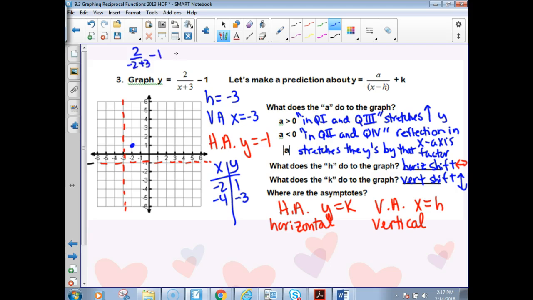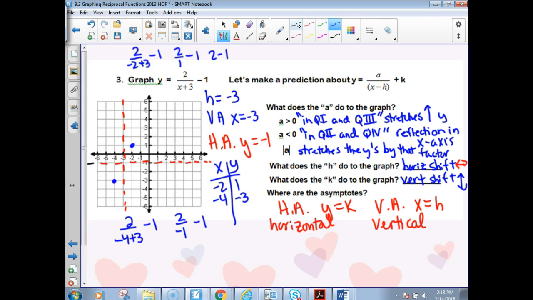That gave me 2 over 1 minus 1. This is where I got my 1. If I plugged in -4, that would be 2 over -4 plus 3, minus 1, which is 2 over -1 minus 1. That's where I got -3. Okay? Now I'm going to plot that, (-4, -3).